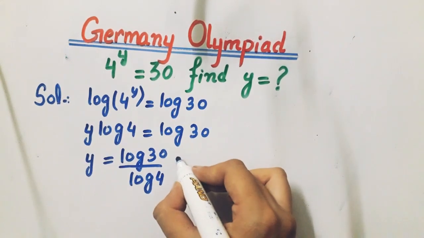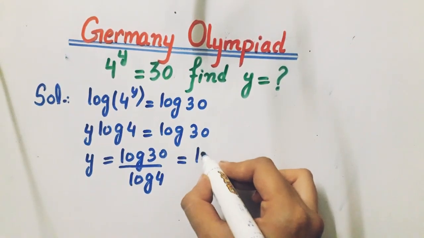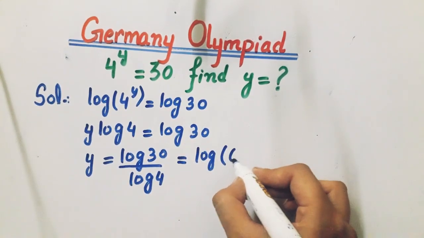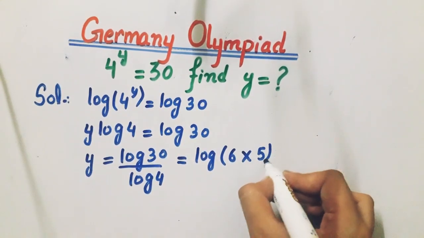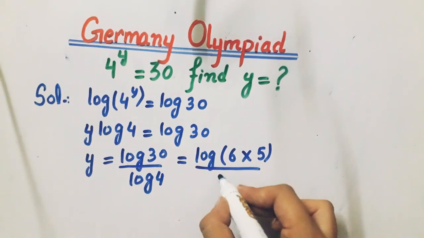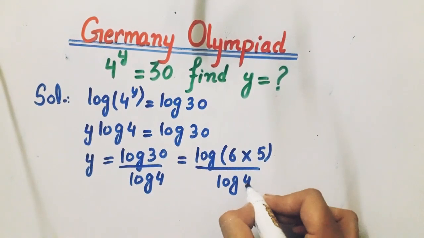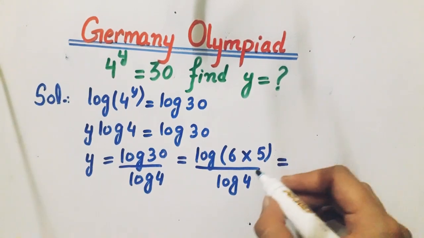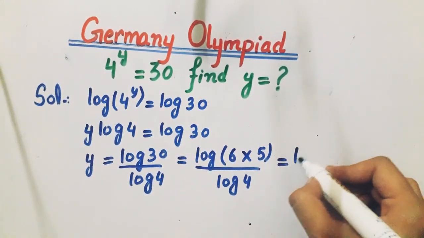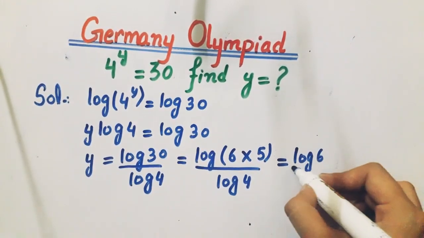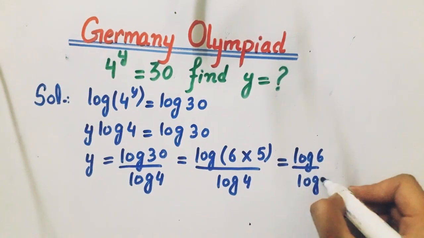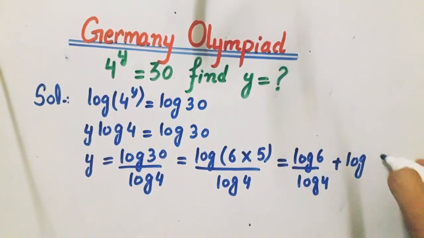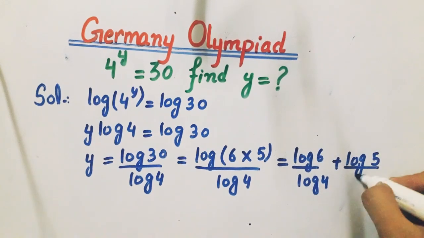Then this will become log 30, which can be written as 6 multiplied by 5, divided by log 4. So we will simplify it more. It will become log 6 by log 4 plus log 5 by log 4.